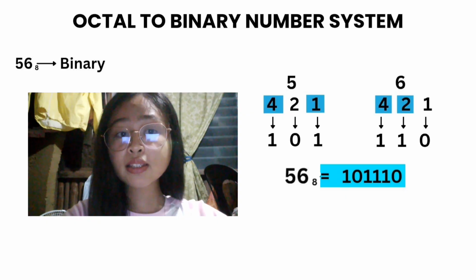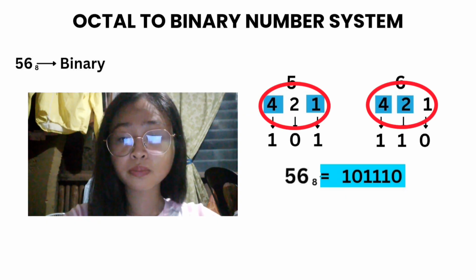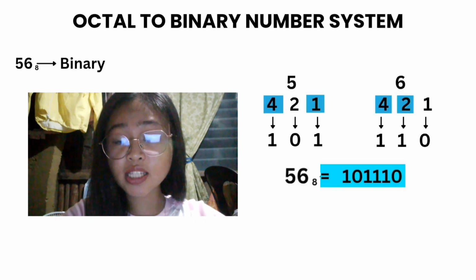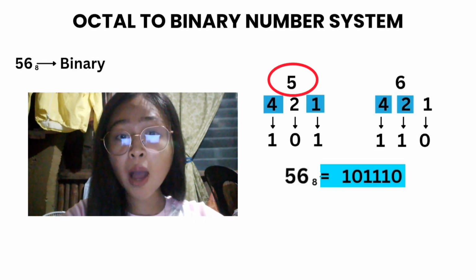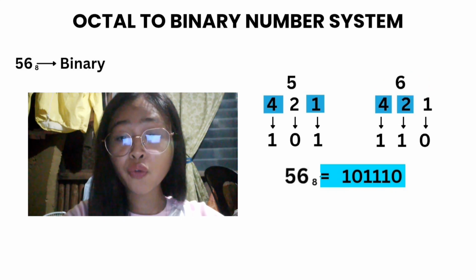Secondly, break it down by 4, 2, and 1. Thirdly, we have to realize that 5 is the sum of 4 and 1. We also have to realize that 6 is the sum of 4 and 2.